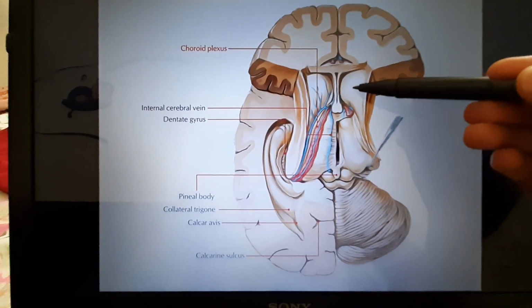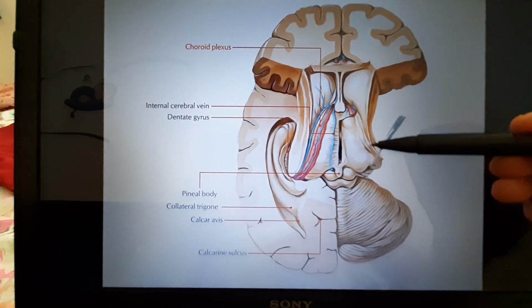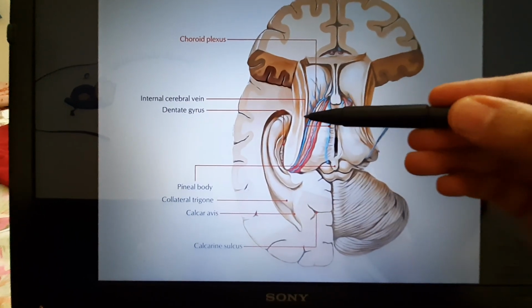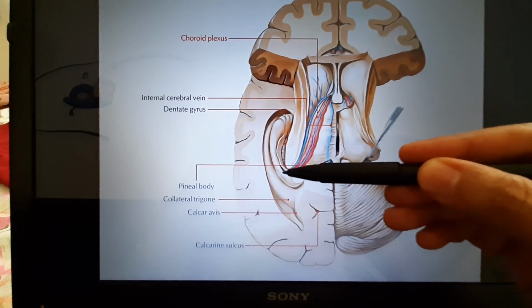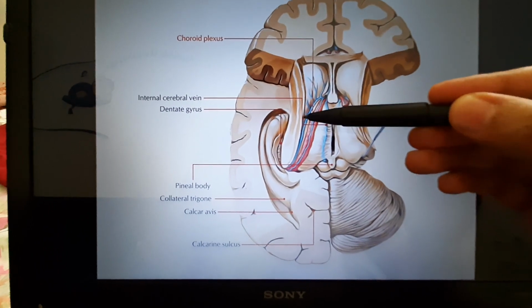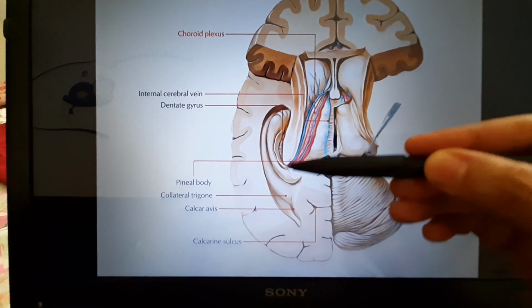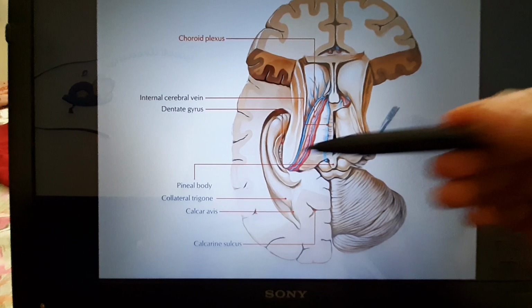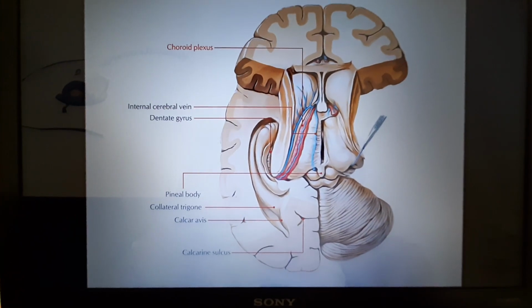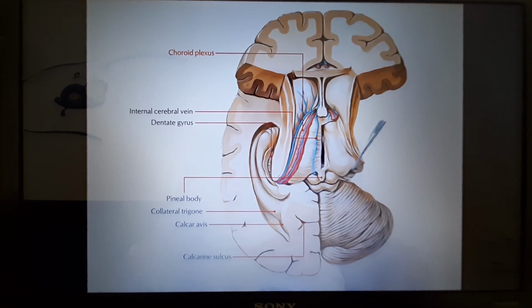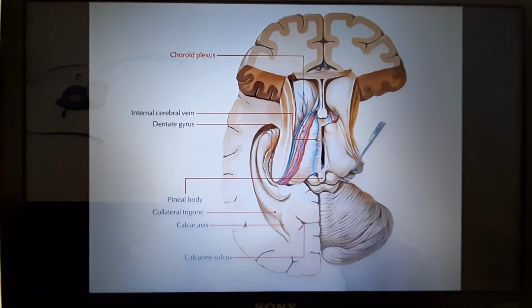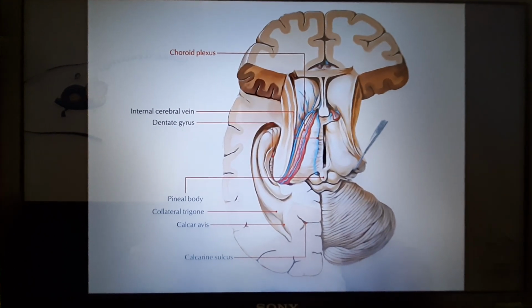So here you can see the caudate nucleus. This is the tail of the caudate nucleus. Here the tail is slightly removed or not clearly visible, but the tail is forming the roof of the inferior horn along with the stria terminalis.